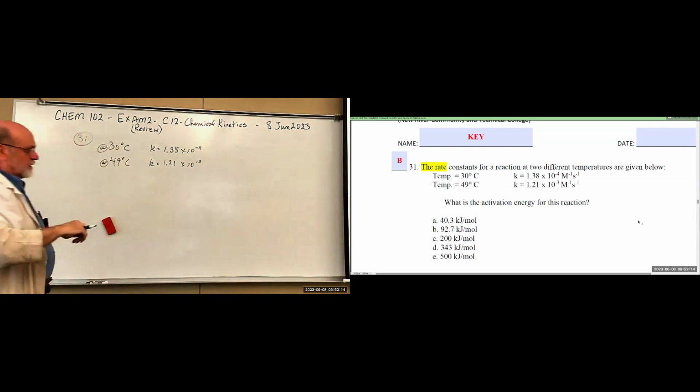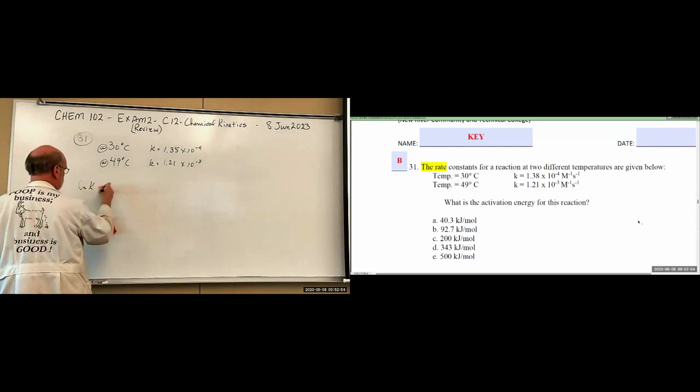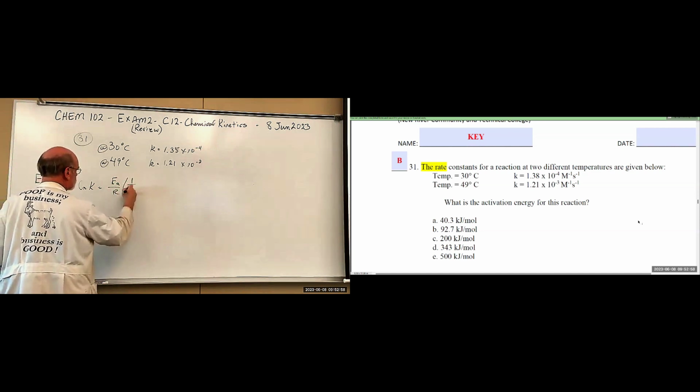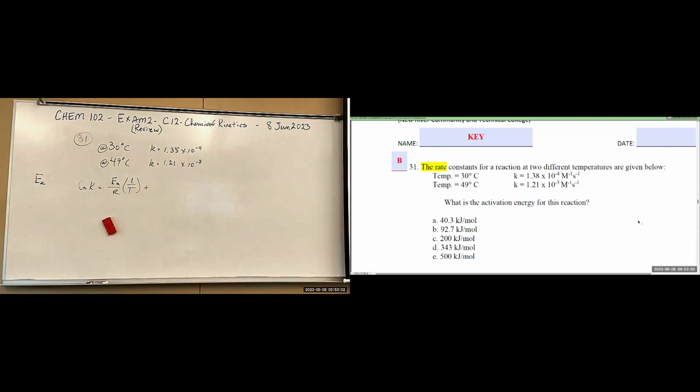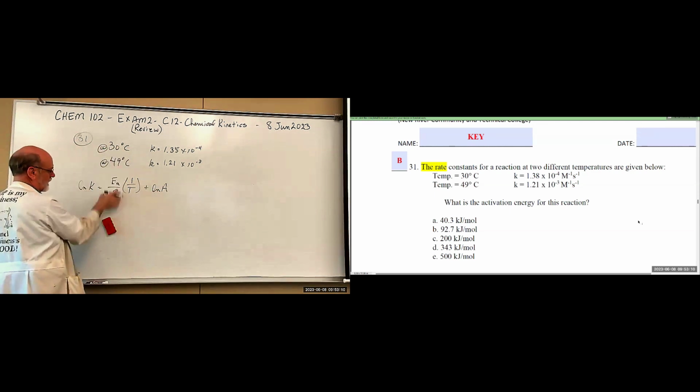Okay. So we're looking for activation energy. We need, be sure it's here. Okay. There it is. If we were to plot it, we would plot it using this equation. Log K equals E over, that's 1 over T plus log A, yeah, log A. And that way we could get the slope of the line here.